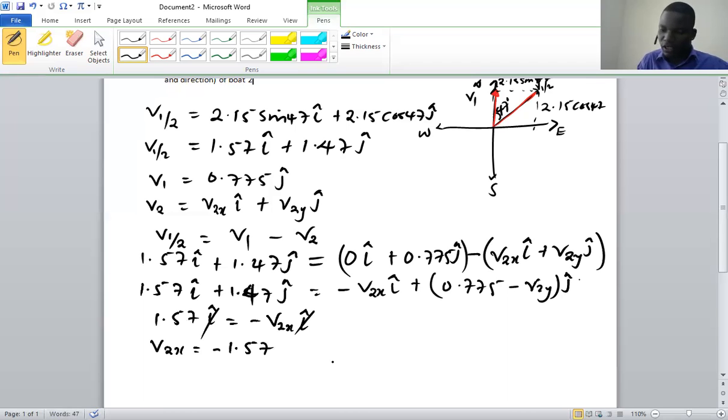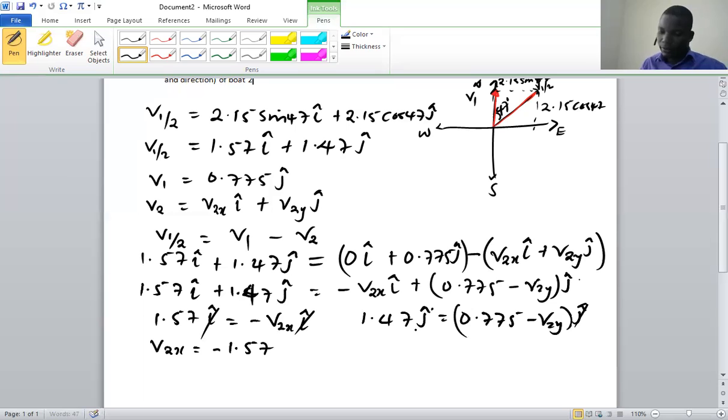We found the x component of the velocity for boat 2. For the other side, 1.47 j equals 0.775 minus v2y j.